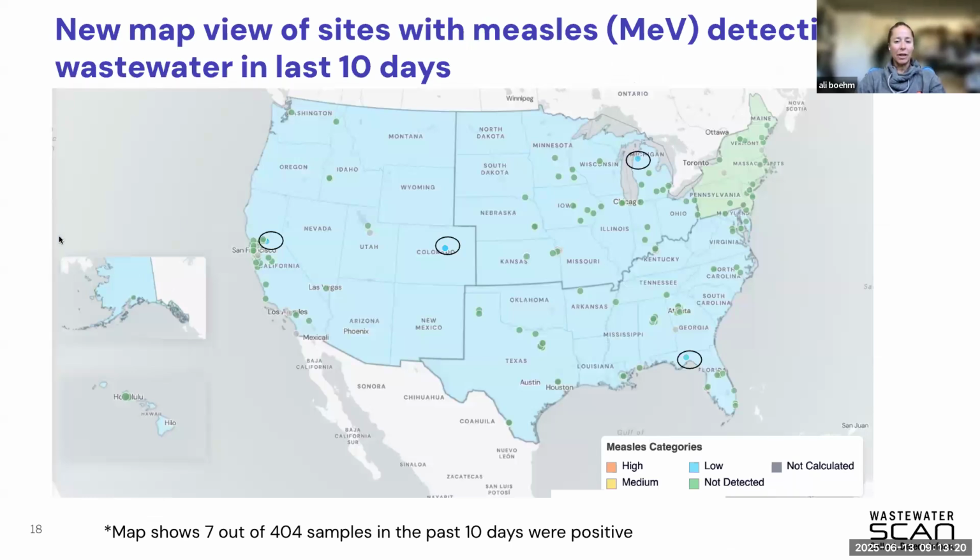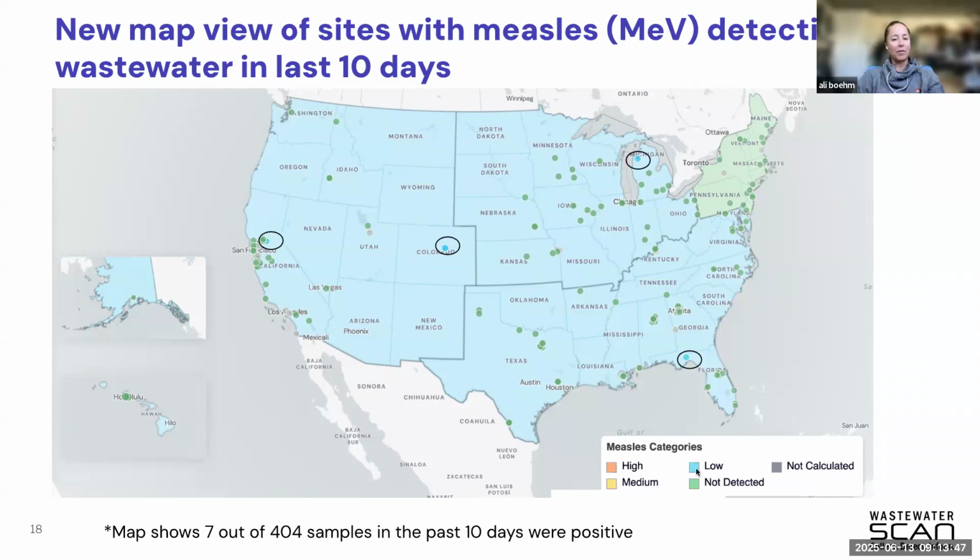If you want to look at our data dashboard, we want to update you on how we're displaying the data. So we recently updated the category methodology for rare pathogens to indicate a not detected category, which is shown in green. So not detected means 0 samples have tested positive for measles in the last 10 days. And low means at least 1 sample tested positive for measles in the last 10 days.